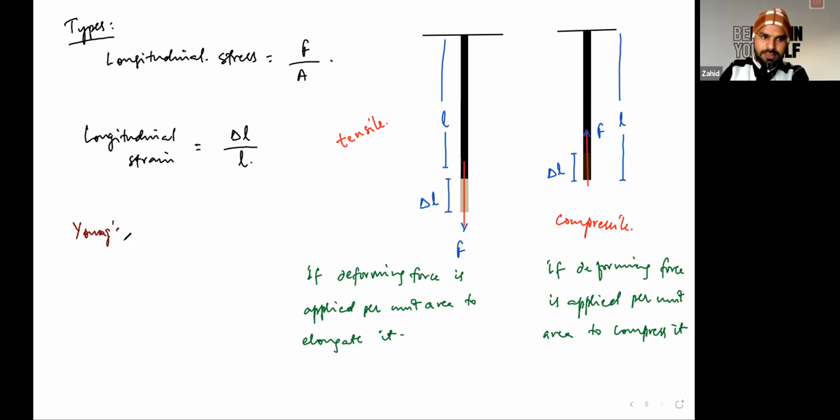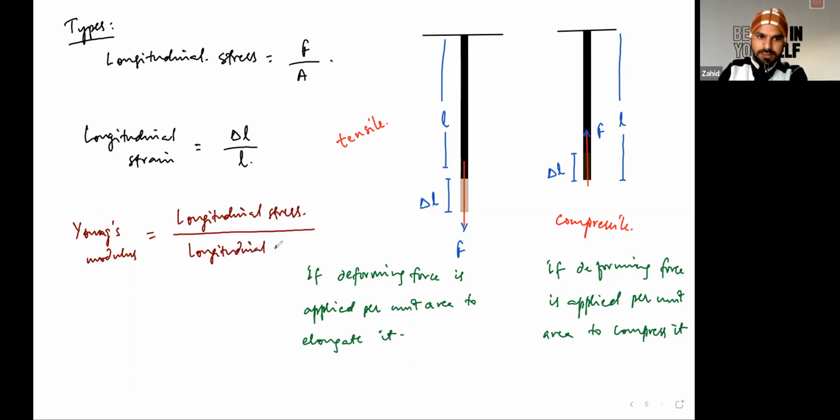So Young's modulus equals longitudinal stress divided by longitudinal strain. Young's modulus is denoted by Y.